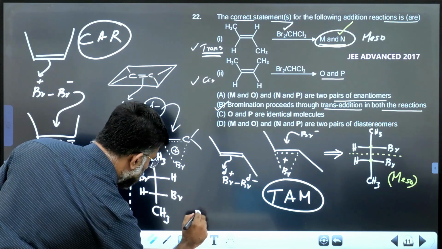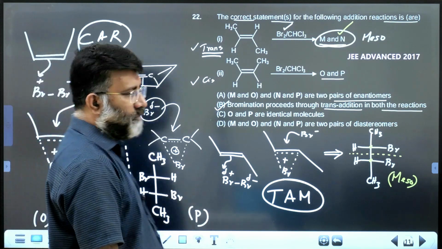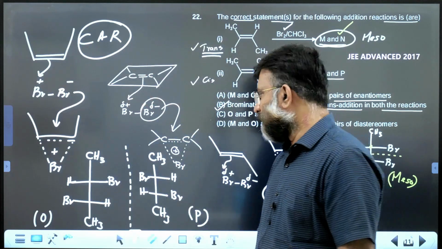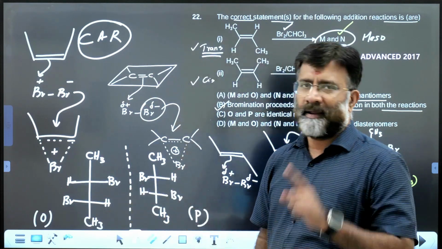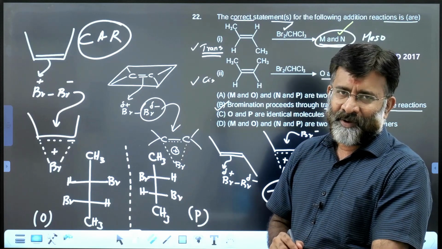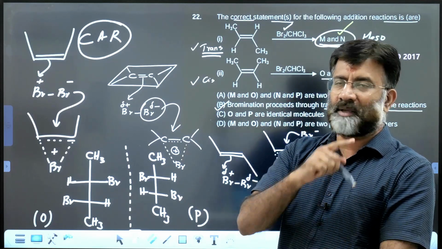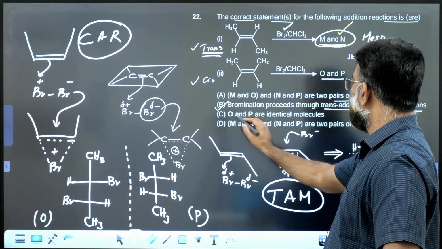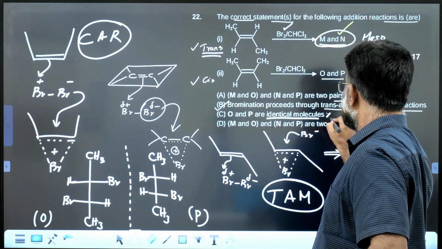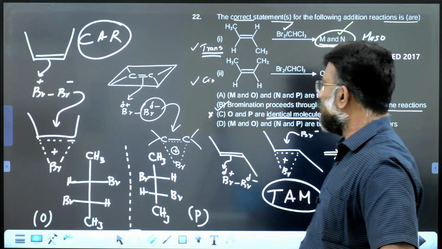This is compound P. Compounds O and P are enantiomers and they form a racemic mixture. Compounds O and P are identical molecules: it is wrong. Option C is wrong.